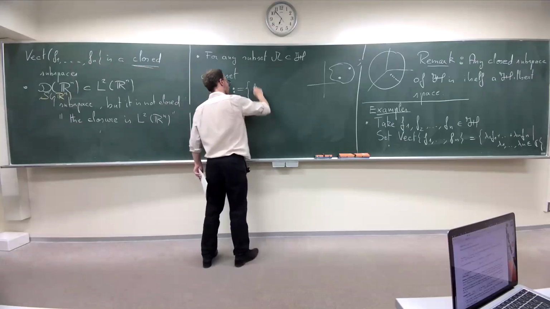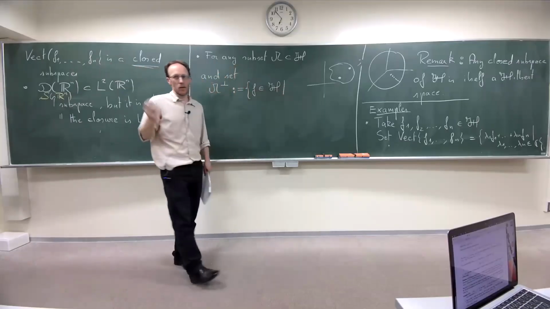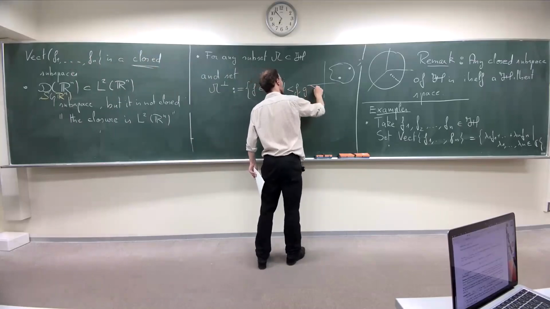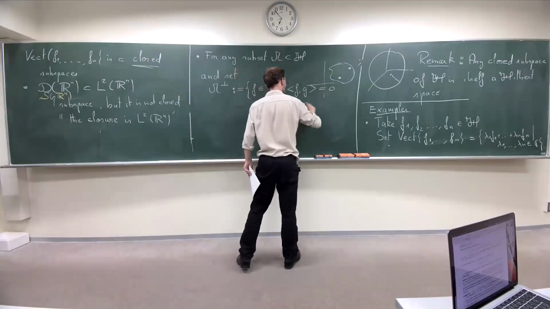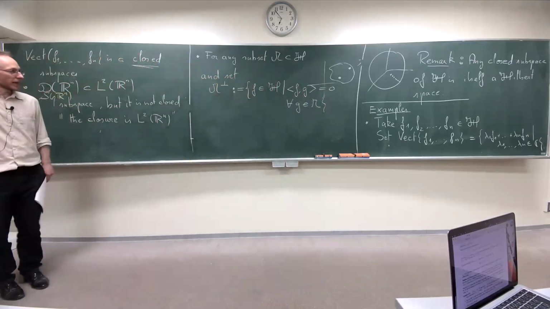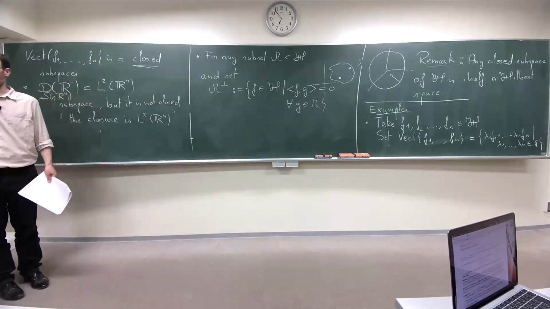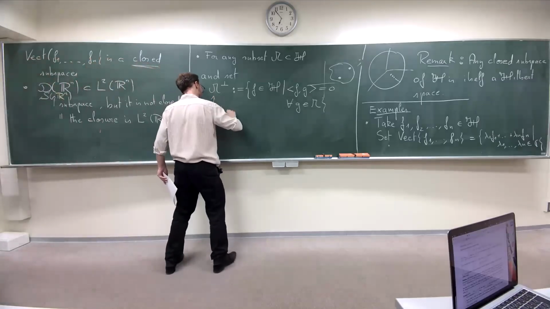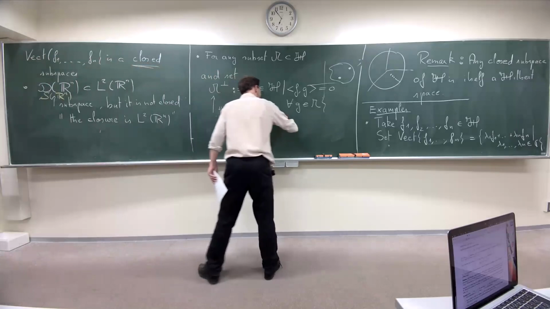It's the set of F in H such that the scalar product between F and any element of M is 0, for any G in M. So you take the set of elements which are perpendicular to all elements of M. This is a definition, and it turns out this is a closed subspace.